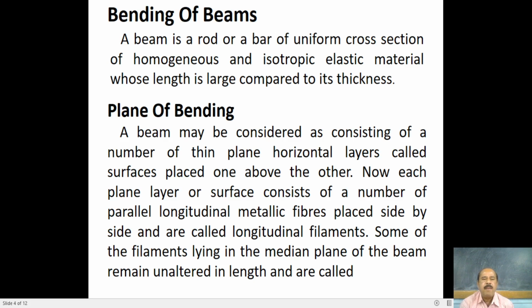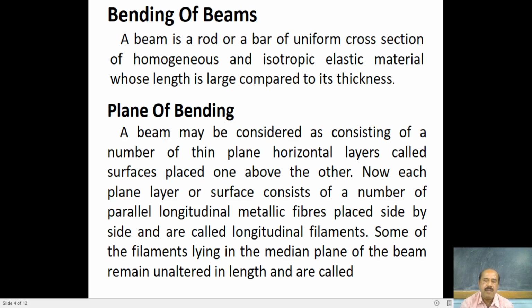Then, the plane of bending. A beam may be considered as consisting of a number of thin plane horizontal layers called surfaces, placed one above the other. Each plane layer or surface consists of a number of parallel longitudinal metallic fibers placed side by side, called longitudinal filaments.